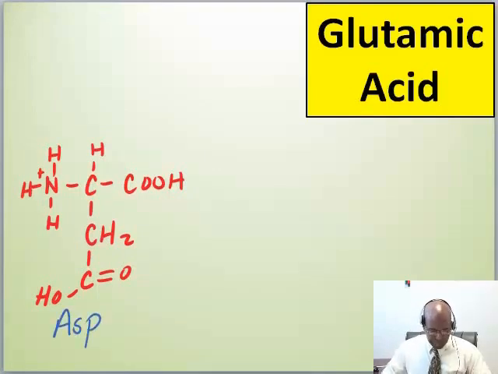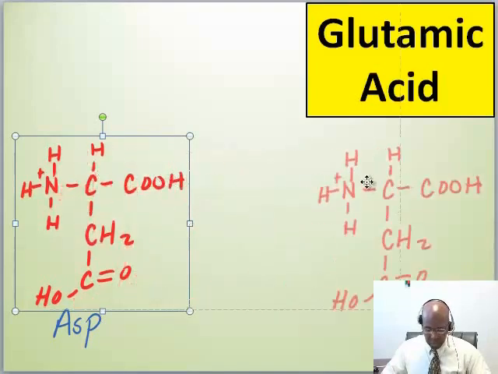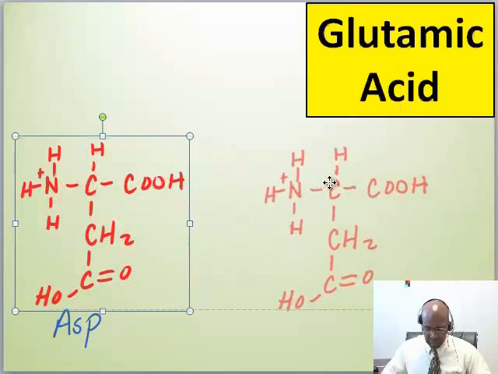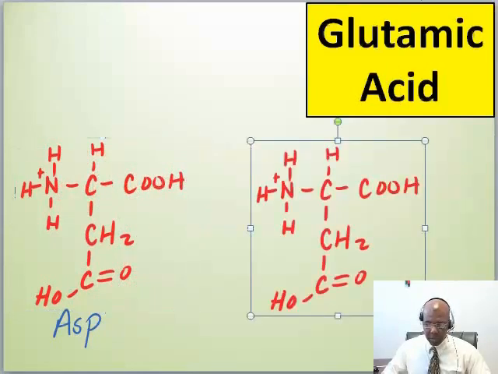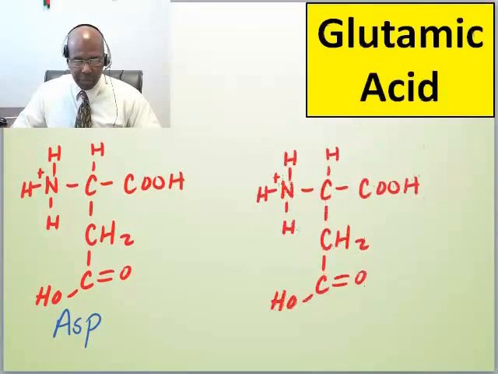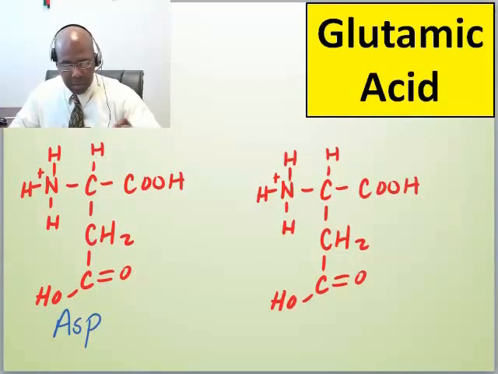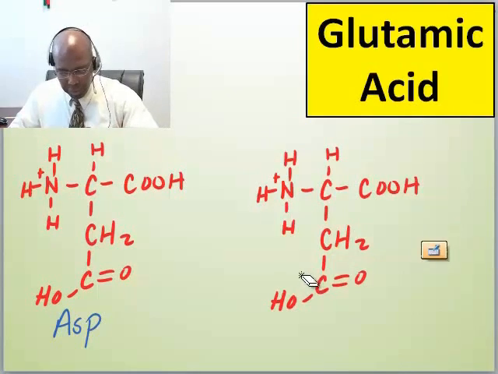Now I want to convert aspartic acid into glutamic acid. And this is the easiest way to learn this amino acid, is just to do it this way. All we have to do is add another carbon.